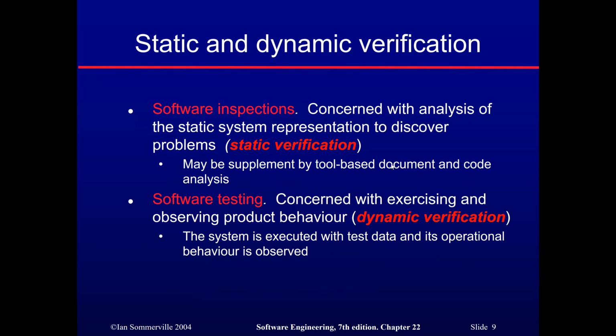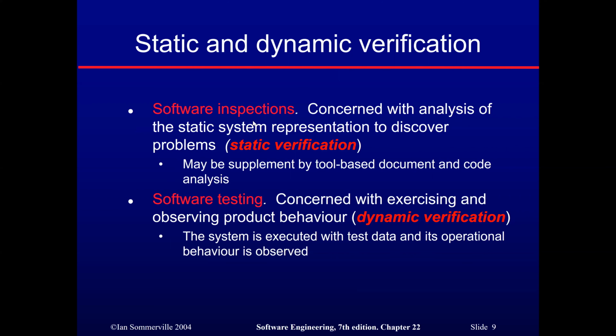We have talked before about the difference between static and dynamic verification. Let's remember it. Software inspections were the static verification techniques, and they were concerned with the analysis of the static system representation to discover problems.